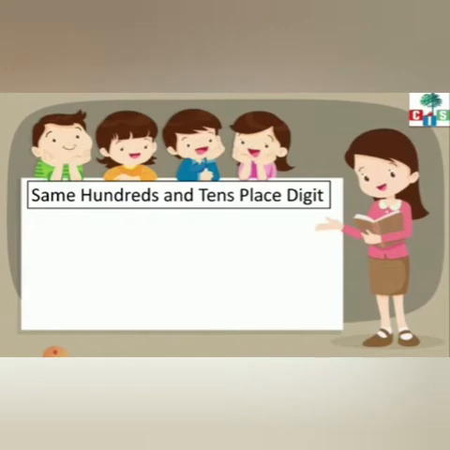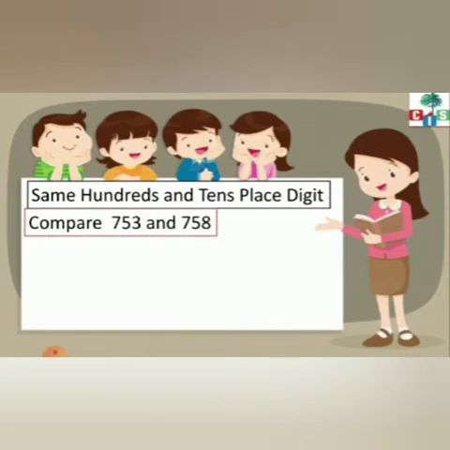Same hundreds and tens place digits. If the hundreds place and tens place both have the same number when we are comparing, then we will look at the ones place. I will explain with some examples. This is your first example. Compare 753 and 758.